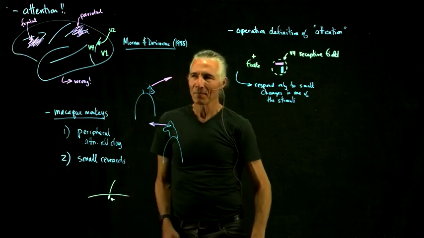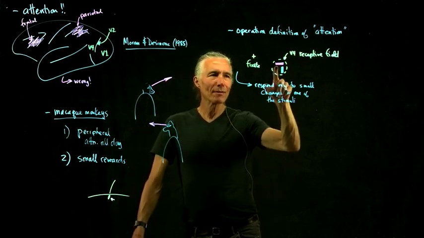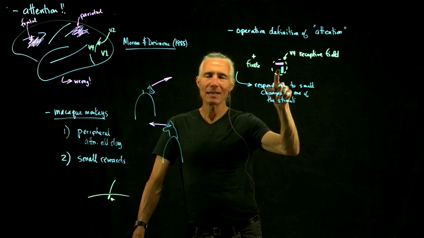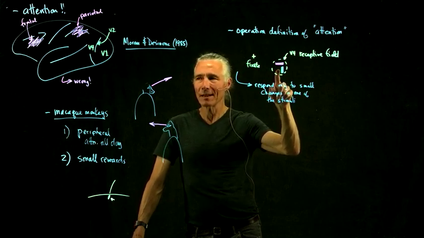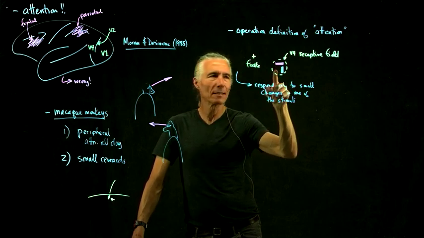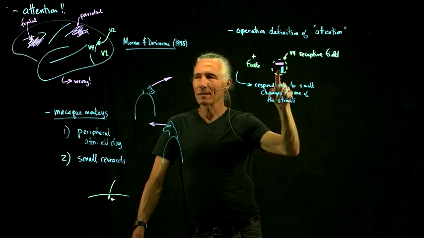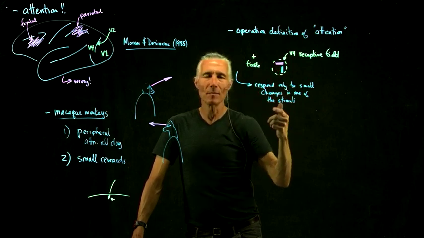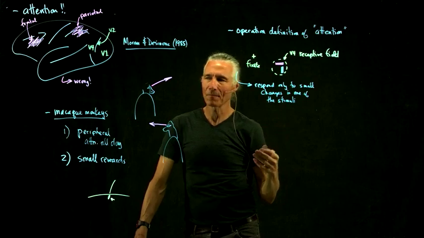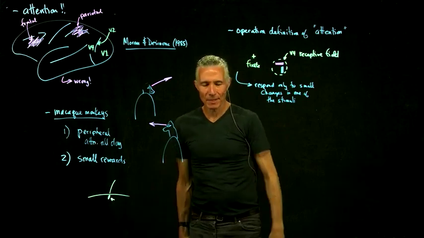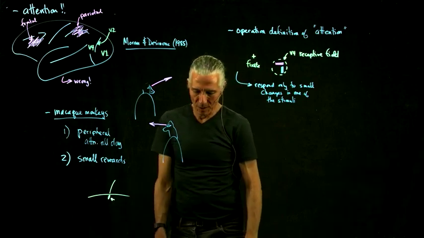It's the ability to ignore slight changes in one stimulus while paying attention and responding to another. That's how we essentially define it, by the response to the one that the experimenter has determined is the one you're supposed to be attending to. So that's the way all these experiments work.